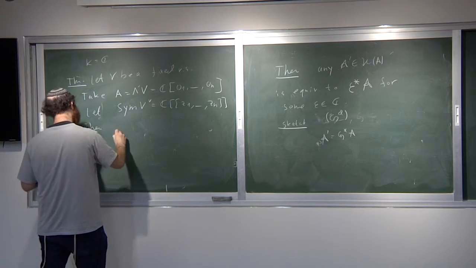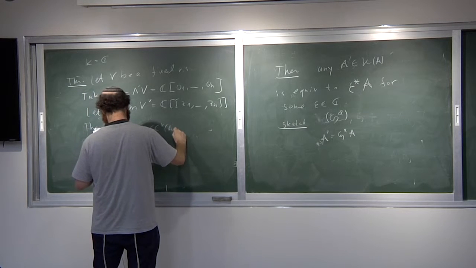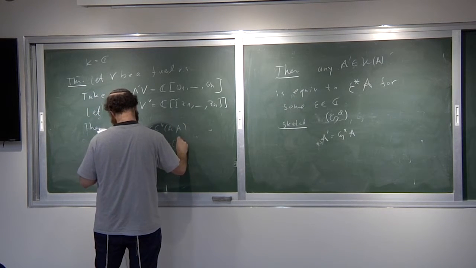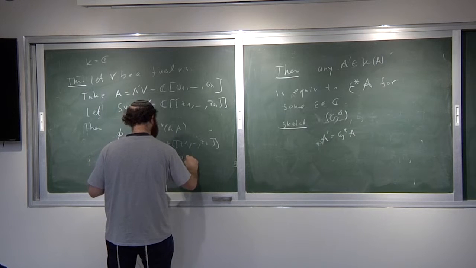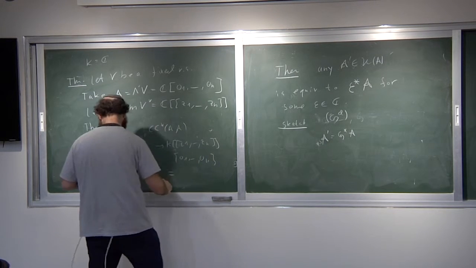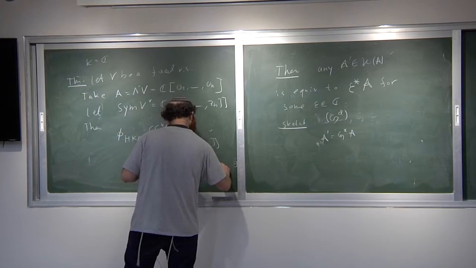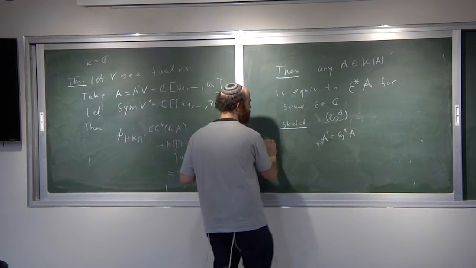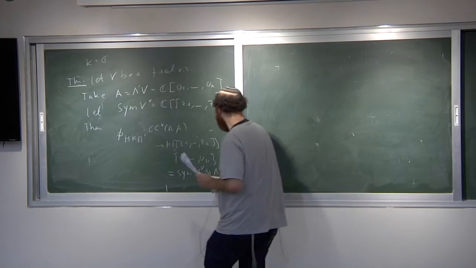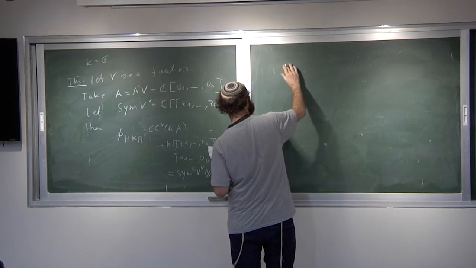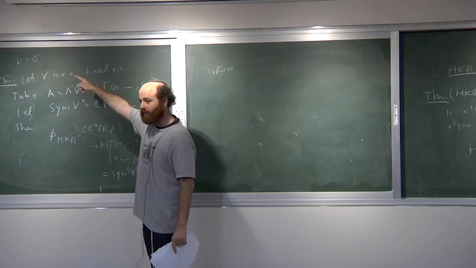Then we have the HKR map. It goes from C star of A to K[[Z1, ..., Zn]] tensor theta 1 to theta n, which can also be written as S V hat tensor S plus TV, and this map induces... K is C. K is the field.